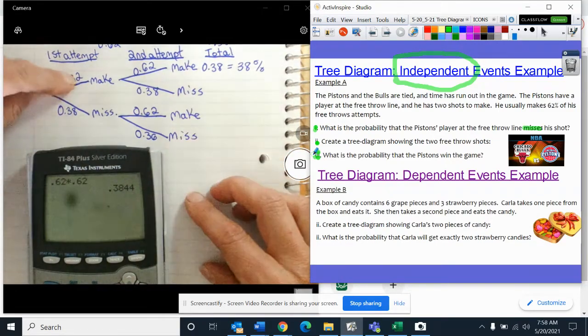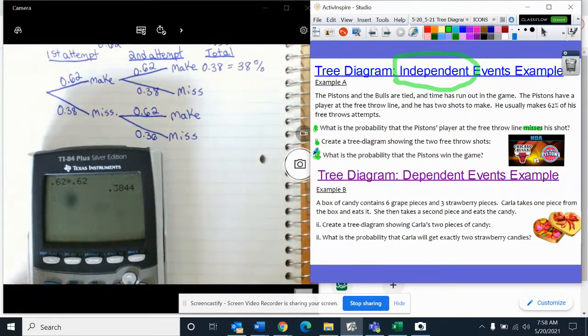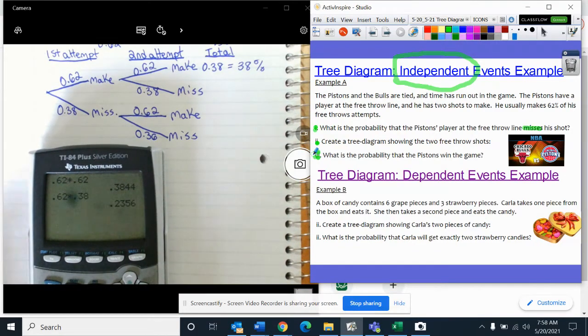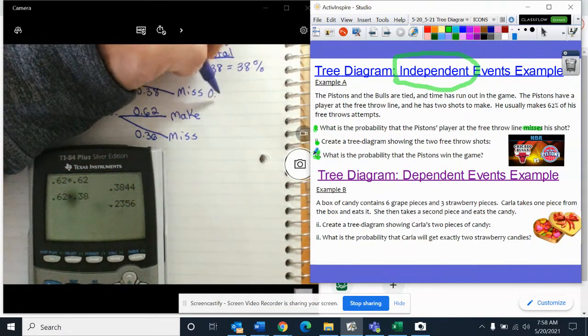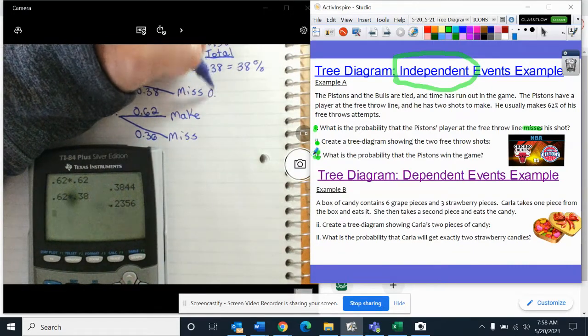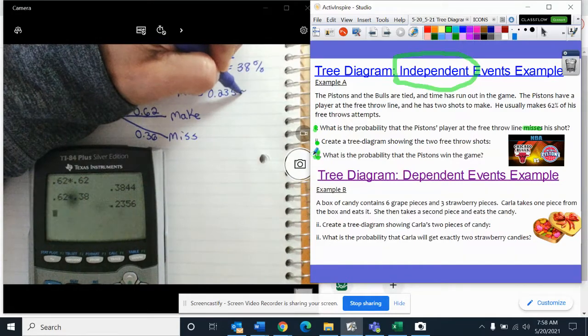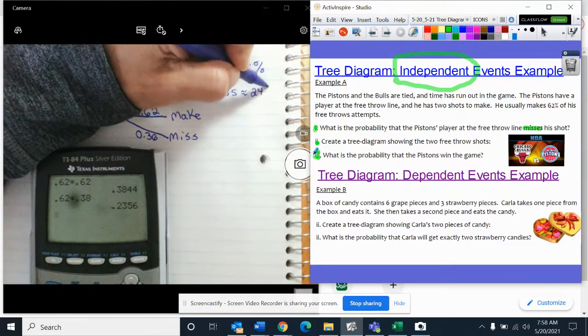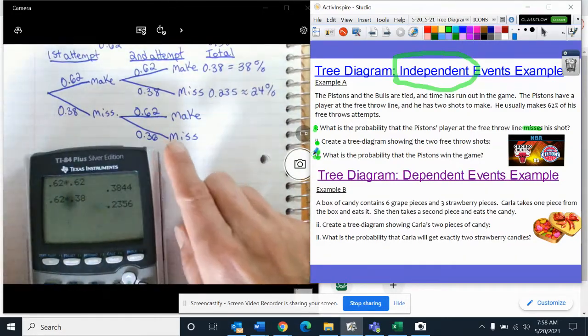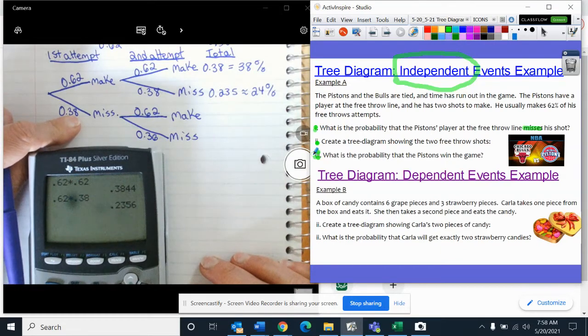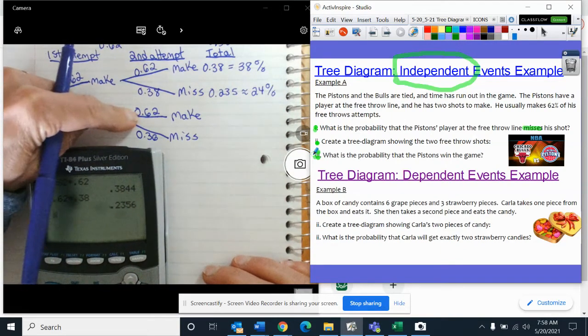But then if they make the first one and miss the second one, let's look at that. That is about a 24% chance. But then say they make the first one, they'll still win.